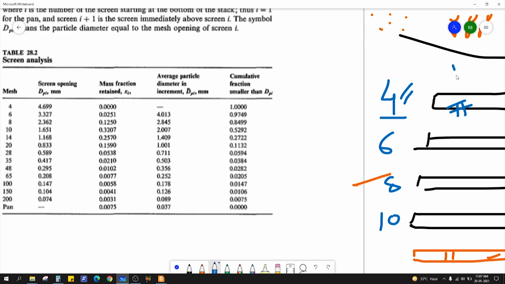So it is given here. The mesh size of 6 will have a smaller opening than this, because I told you the topmost will have the largest opening, and as you move down you will have smaller and smaller openings, but the mesh number will be increasing, right? As you increase the mesh number, the diameter of the opening decreases. So it has an inverse relationship.